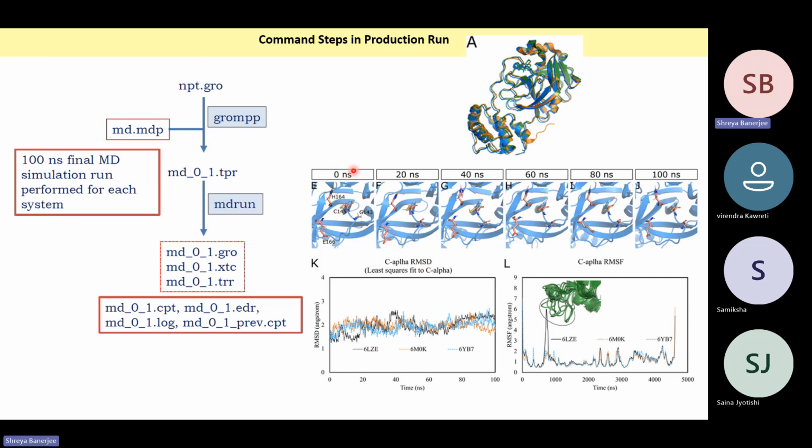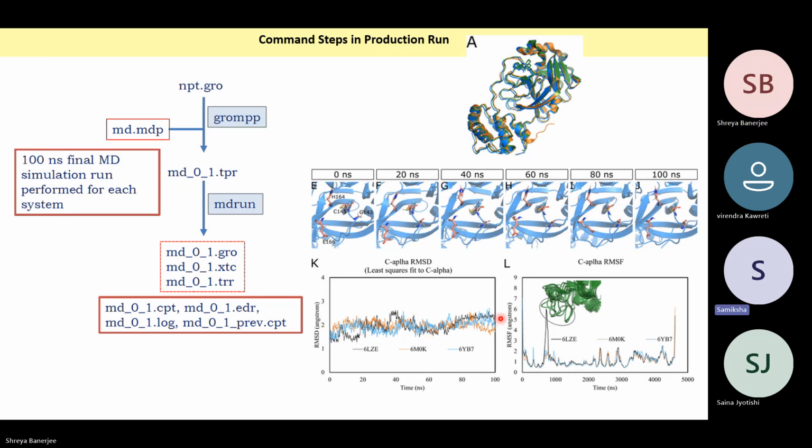So C alpha at 0 nanoseconds is compared with C alpha of the final nanosecond. That is your RMSD at 0 nanoseconds. Then at 20 nanoseconds the RMSD will be something else, and at 40 nanoseconds it will be something else. So what I am understanding is that at each time it is comparing the position of the atoms with the final structure to find the root mean square deviation.